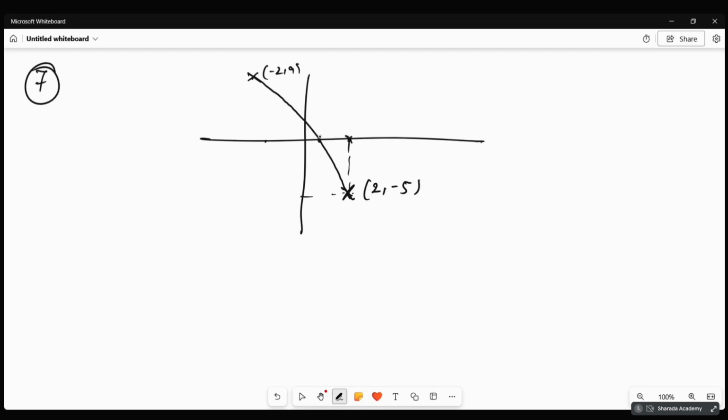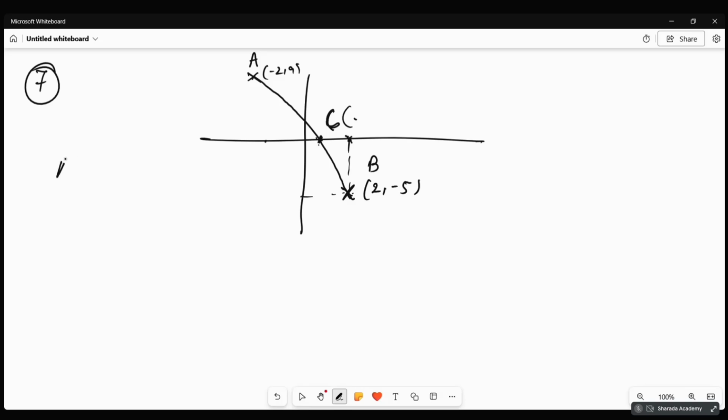So there is a point on the x-axis which is equidistant from these 2 points. Listen here. What is given is 2 points, 2 comma minus 5 and minus 2 comma 9. If I call these A and B, and this point is C, then this point is equidistant from them.